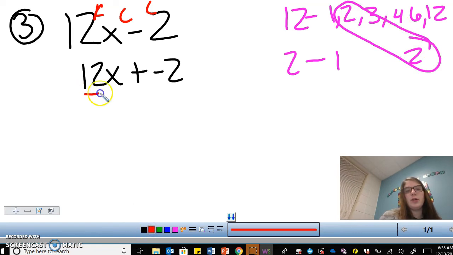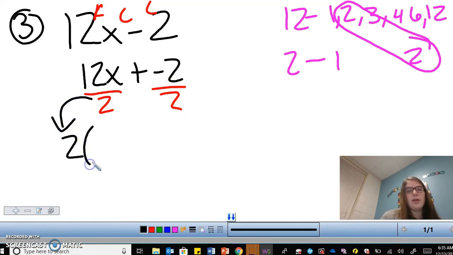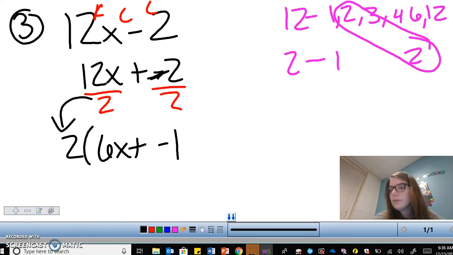So I'm going to take that 2 and I'm going to divide by 2. Just remember this number goes out front. And 12 divided by 2 would be 6x, plus 2 divided by 2 would be 1, and it needs to be negative because this is negative right here. Sorry, that got a little messy.